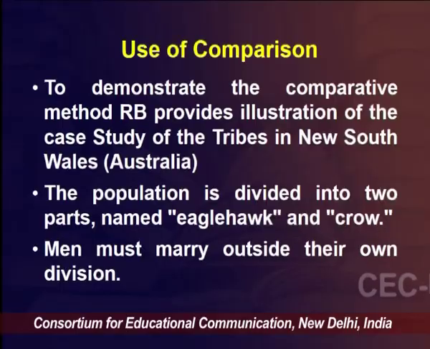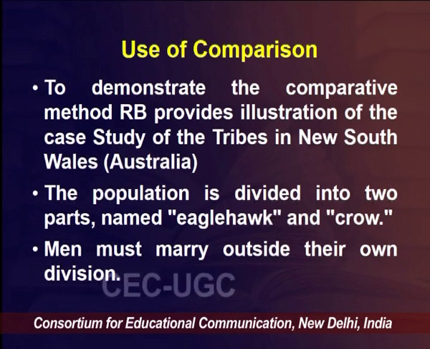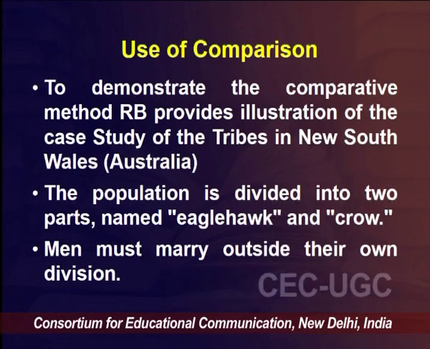To demonstrate the comparative method, Radcliffe Brown provides an illustration of the case study of the tribes in New South Wales, which is Australia. The population here is divided into two parts named Eagle Hawk and Crow. Now, when you read his Methods of Social Anthropology, we see that he is continuously making references to a pair of birds, and not only in Australia but other parts of the world as well, where the comparison is to see that these eagle hawk and crow are like opponents, and in a similar way the society is also classified as opposing groups.